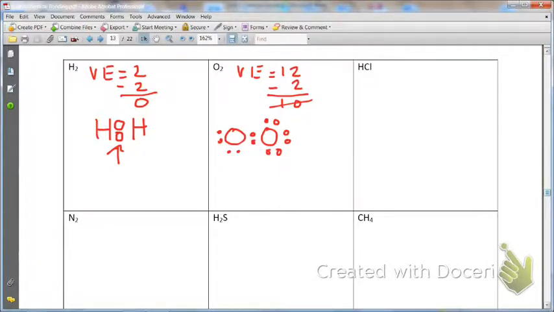Let's look at the oxygen on the right. It has 2, 4, 6, 8 with the shared pair of electrons. So the oxygen on the right is completely fine. But what about the oxygen on the left? Again, we count, it has 2, 4, 6. Uh-oh, the oxygen on the left is deficient in 2 electrons.